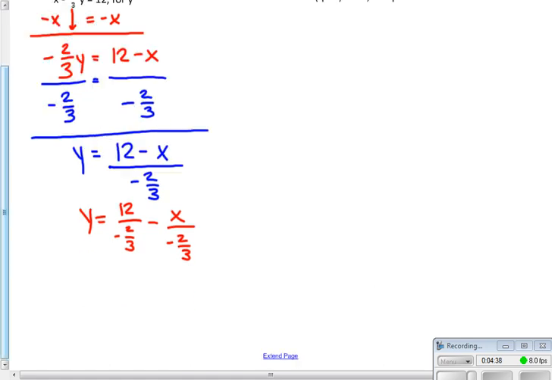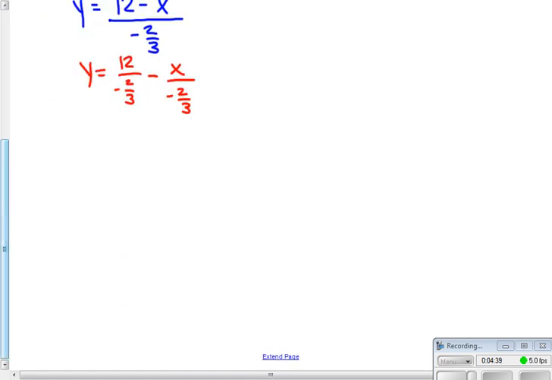So if we actually did in our calculator 12 divided by negative 2/3, we would find out that we get negative 18. We also need to take negative x, which there is really a 1 there that we talked about.